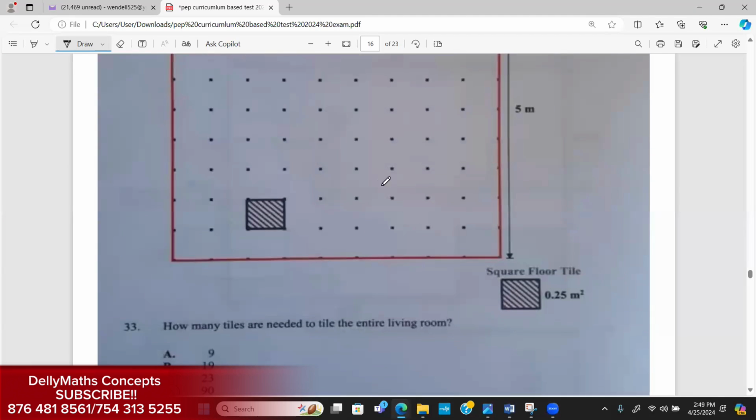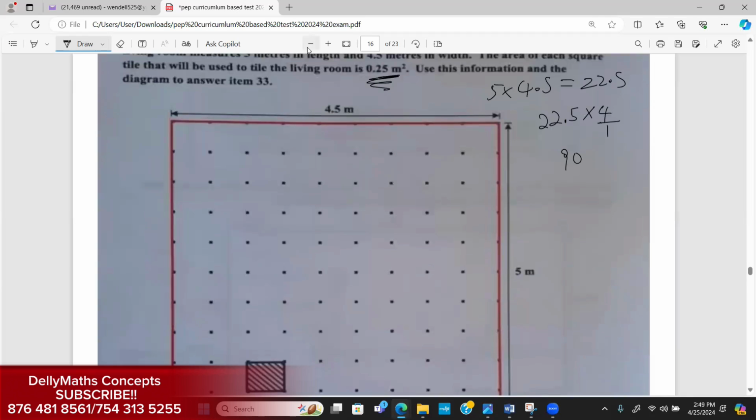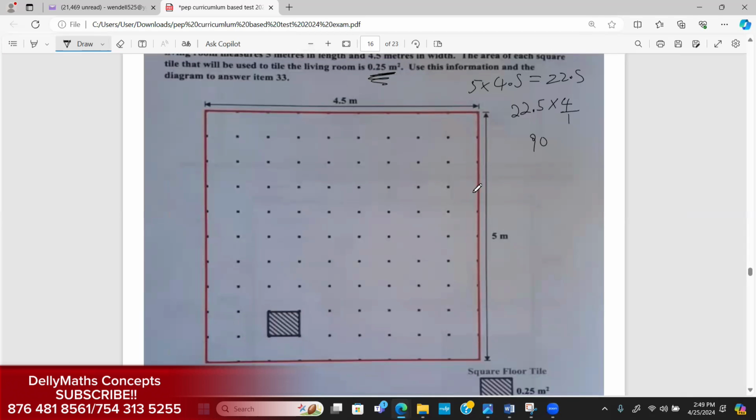However, let us say that you don't have that skill. What you can do is use the skill that you have. Think about it: one of these square tiles, how many of them do we get along the side? I could count 1, 2, 3, 4, 5, 6, 7, 8, 9. I'll get 9 of them along the side. And let's go down: 1, 2, 3, 4, 5, 6, 7, 8, 9, 10.